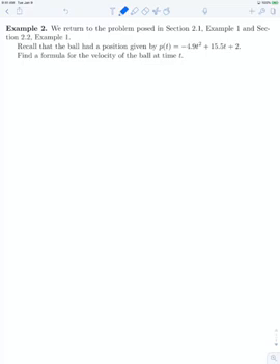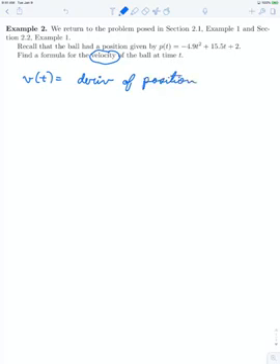Let me start by reminding you that velocity, which is what they've asked us to find, is the derivative of position. This problem didn't use the word derivative, but that really is what it was asking. So velocity v of t equals the derivative of position.